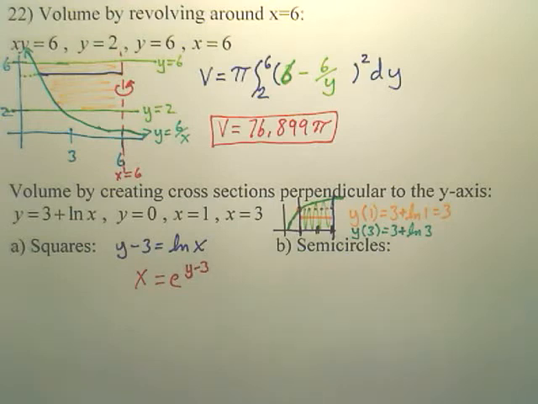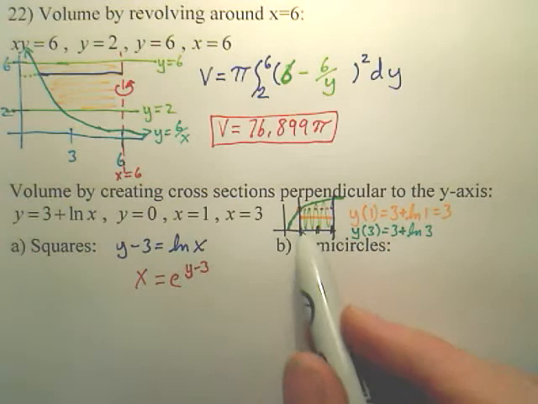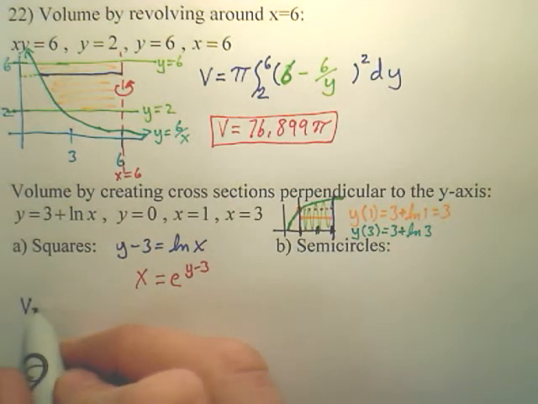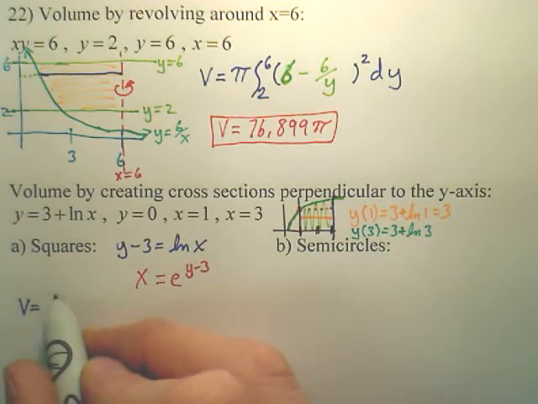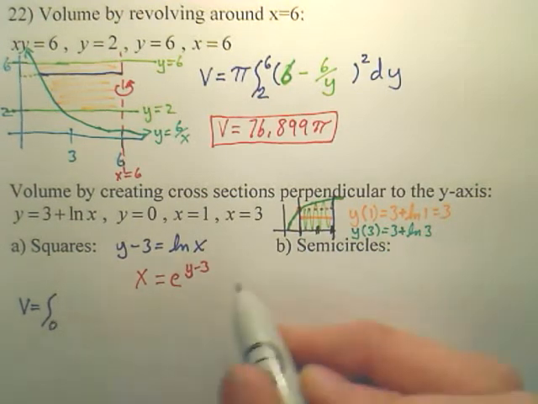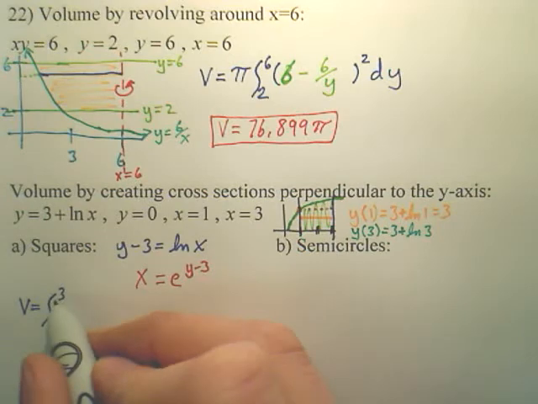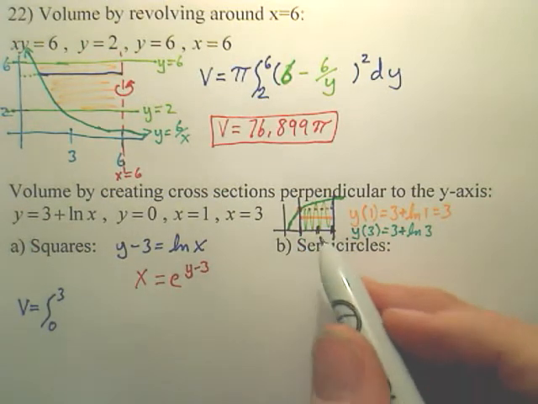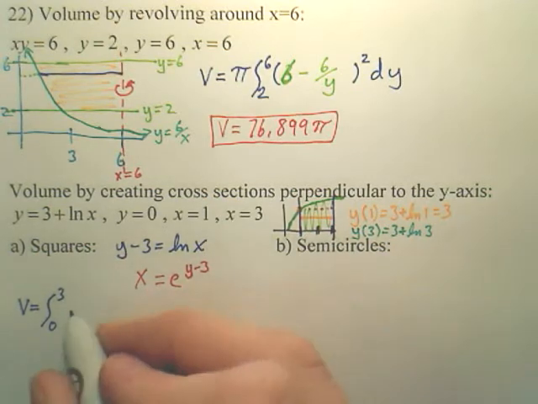Okay, so here's how you'd set this up. If I'm doing perpendicular cross sections that are squares, this is volume. For the first interval, from 0 to 3, well, my base, isn't my base 2?